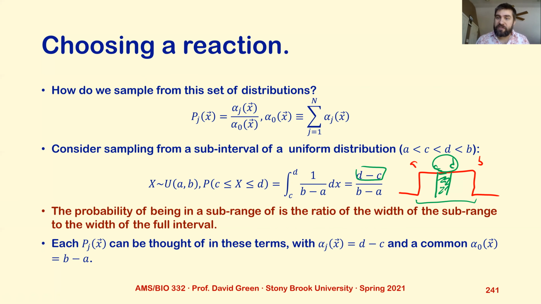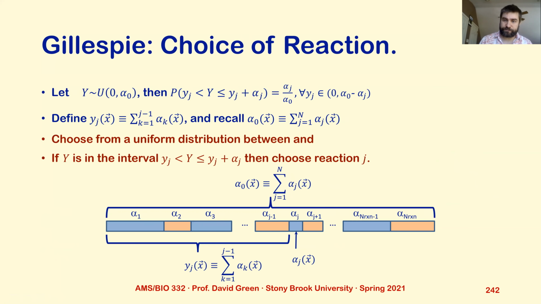And so we can think of alpha naught as being this full range, B minus A, and these alpha j's being different little sub-ranges within this. And when we add up all of those sub-ranges, we get the full range. And this is going to be the key to how we choose the reaction.